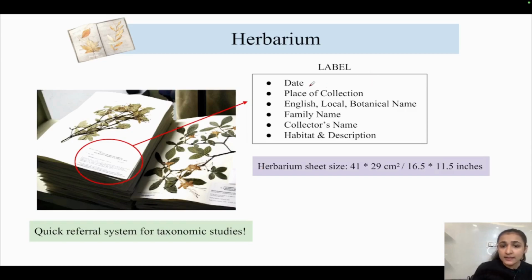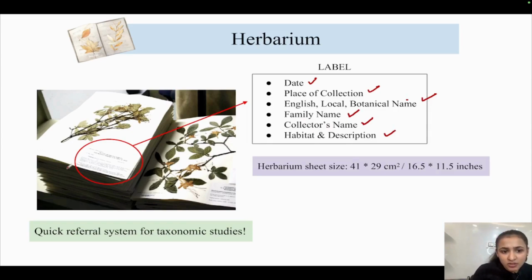What does the label contain? It contains the date of collection, place of collection, the English, local and botanical name of the plant. It contains the family name of the plant. It contains the collector's name. It contains the habitat and a brief description, okay, if required, about the plant.